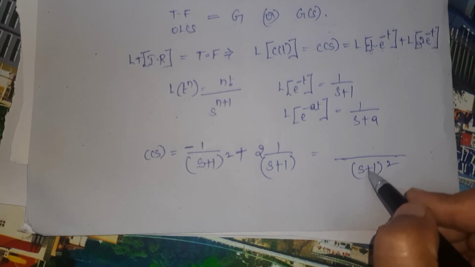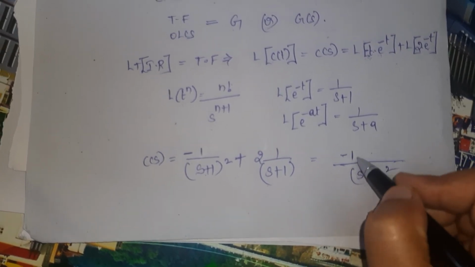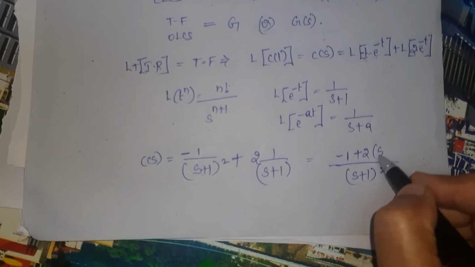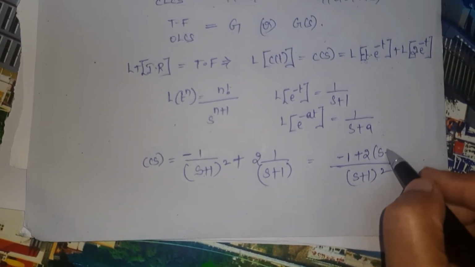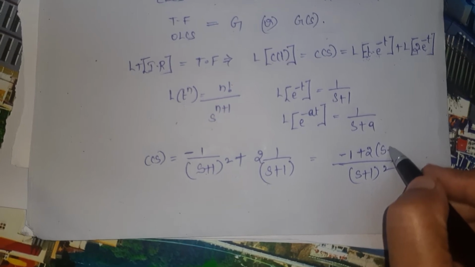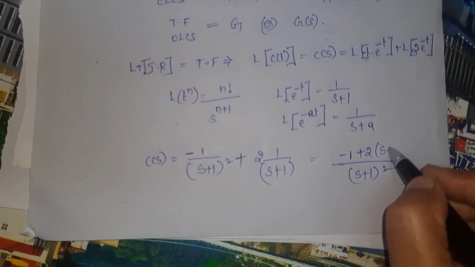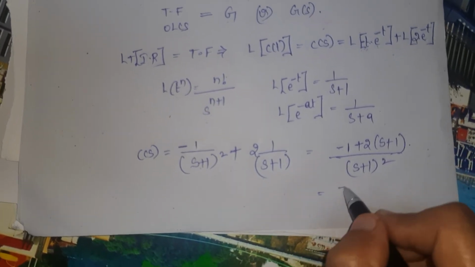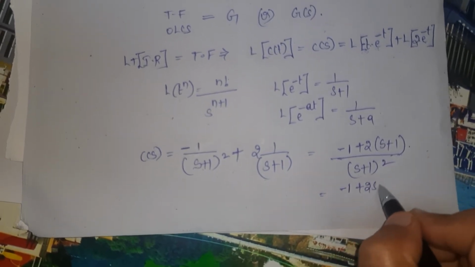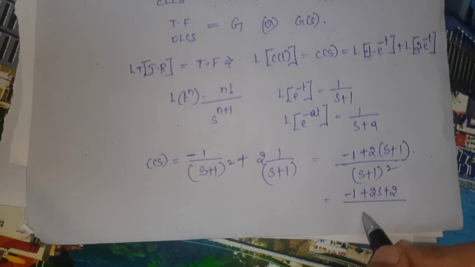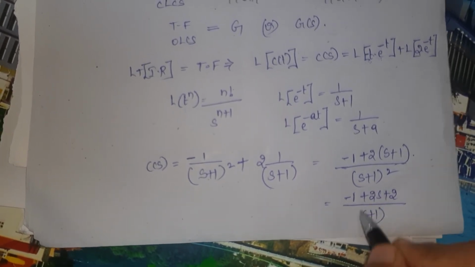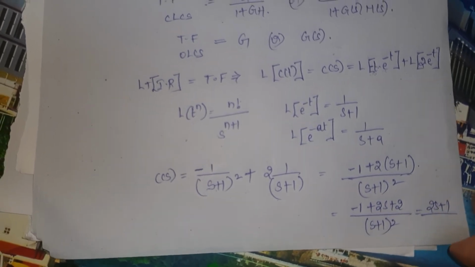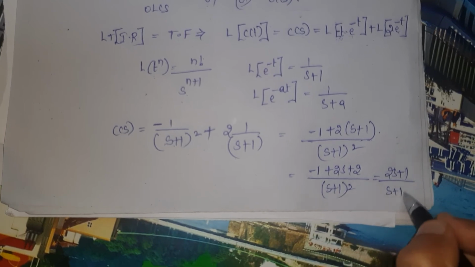So here I will get minus 1 plus 2 into s plus 1. So minus 1 plus 2s plus 2 divided by s plus 1 whole square. So I will get 2s plus 1 by s plus 1 whole square.